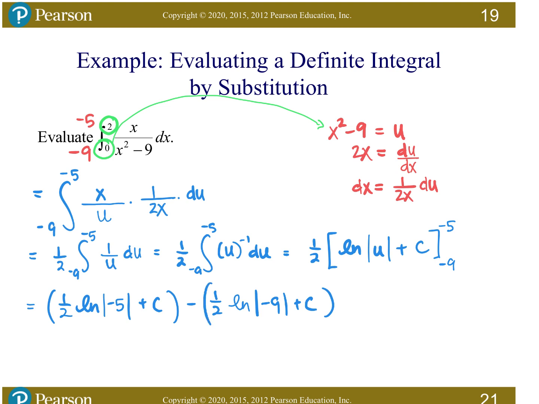If you don't have those absolute values, then you're kind of dead in the water because you can't use negative numbers in natural logs, and you try and type it into your calculator without the absolute values, and you're just going to get error, error, error, error. So what we actually end up with is 1/2 of the natural log of 5 minus 1/2 of the natural log of 9. The absolute values make those things positive.